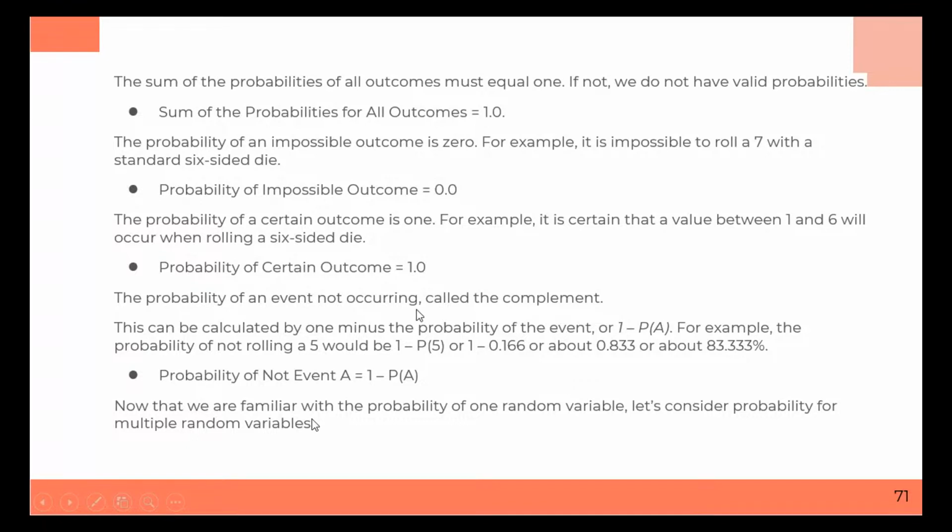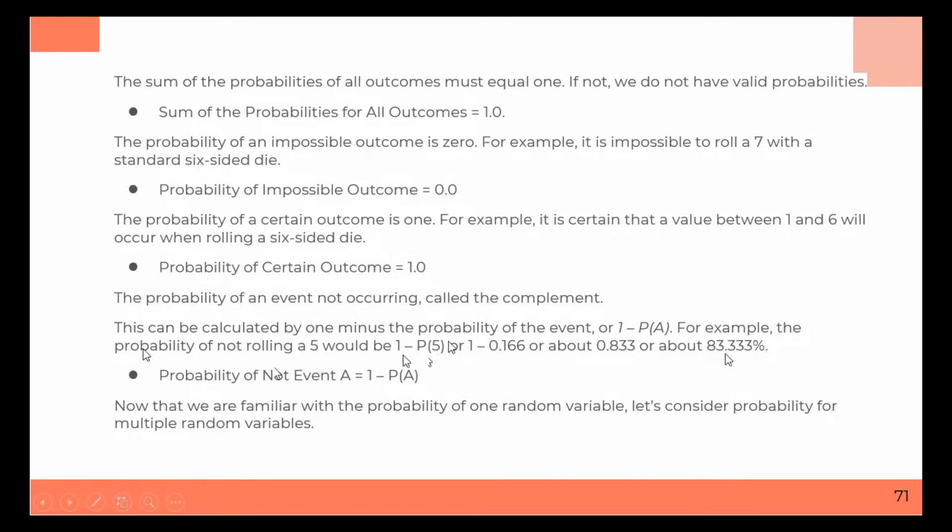The probability of an event not occurring is called the complement. If something is occurring and something is not occurring, there will be complementing, the opposite of that. 1 minus the probability of A will give you the probability of A's complement. For example, the probability of not rolling a 5 would be 1 minus P of 5.